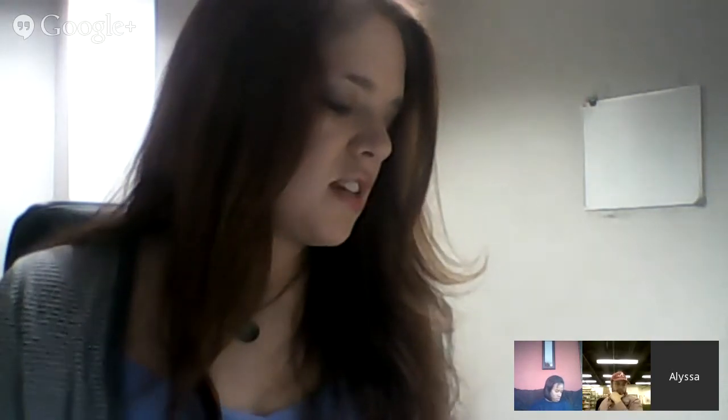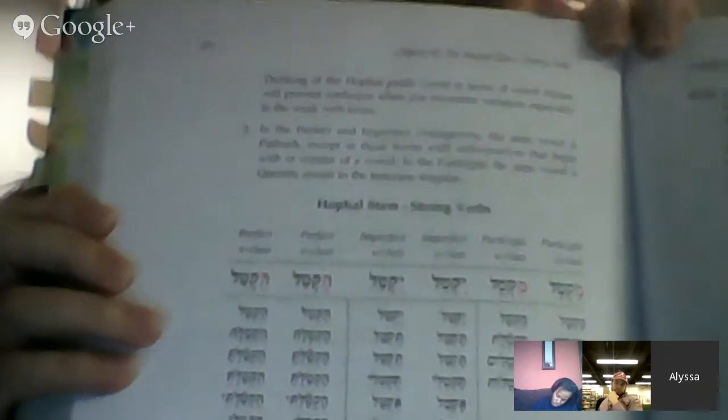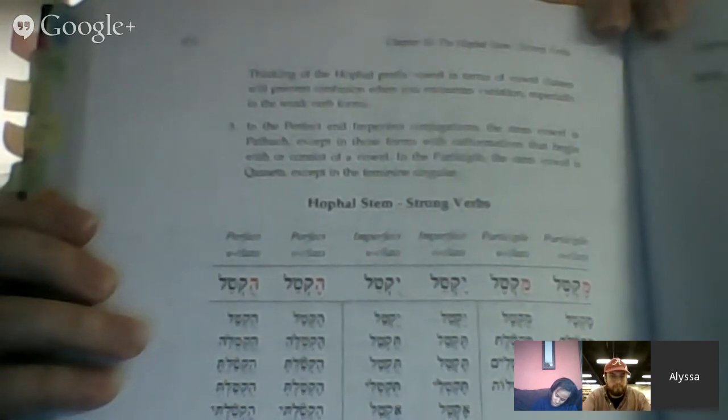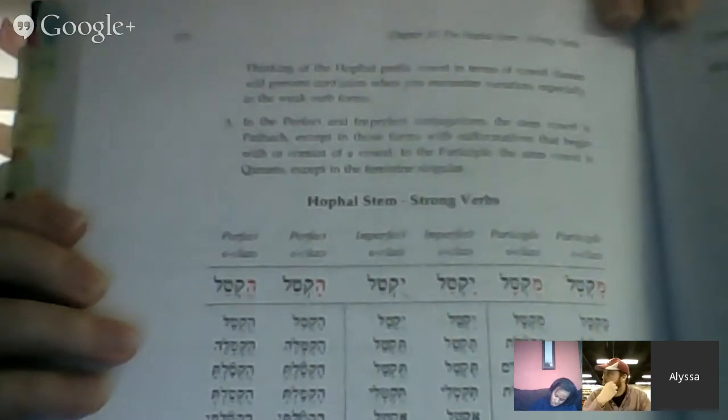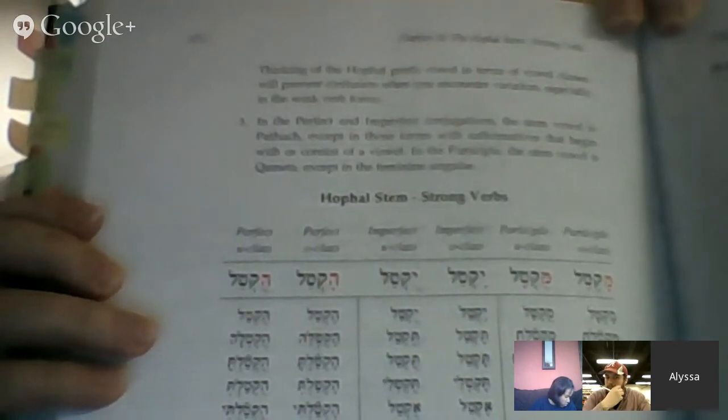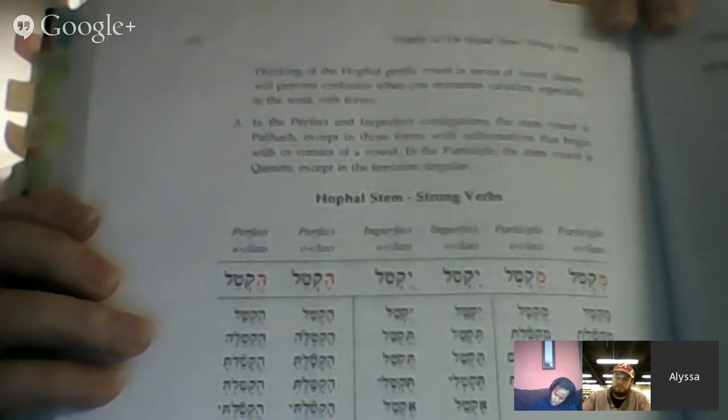Okay. So really the big thing that you need to know for the diagnostics for the strong is that you have to be able to put down the U-class and O-class. And so if you look at page 372, can you see that? Yeah. They have them side by side. And so it just depends on how this is going to work for you, like which way you want to put it in your diagnostic sheet.